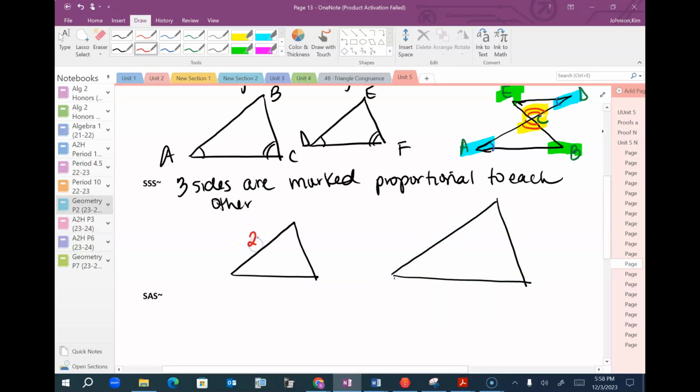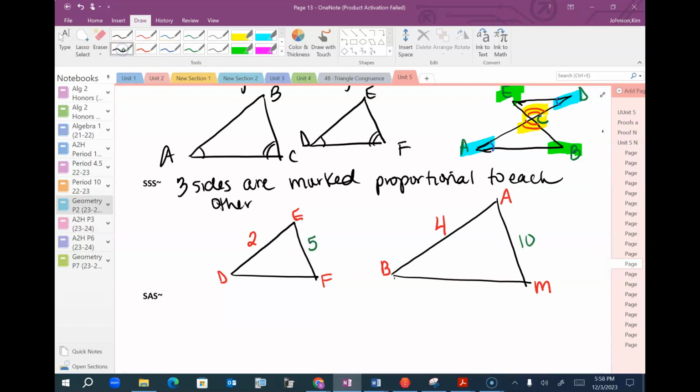Okay, so let's say that I have triangle DEF and triangle BAM. Side DE in the first triangle is 2, and side BA is 4. Side EF is 5, and side AM is 10.